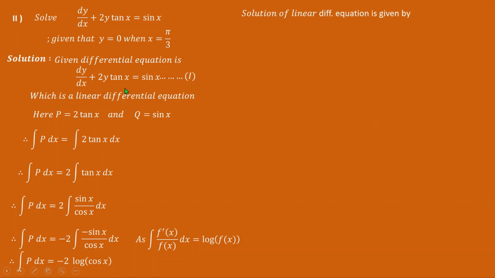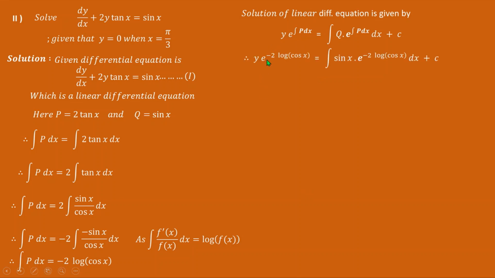Now, as this differential equation 1 is linear, its solution is given by the formula y e raised to integration p dx is equal to integration q into e raised to integration p dx dx plus c. Now put the value of integration p dx, which is minus 2 log of cos x.